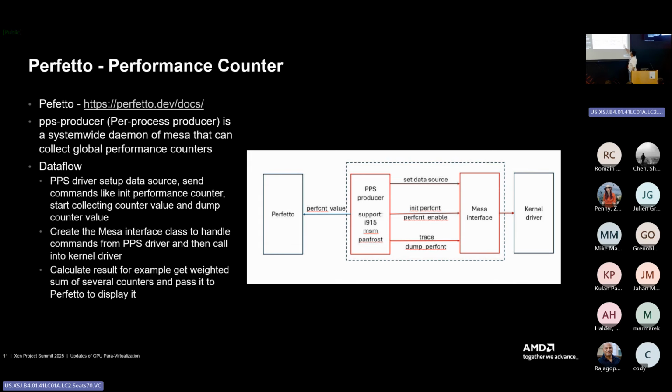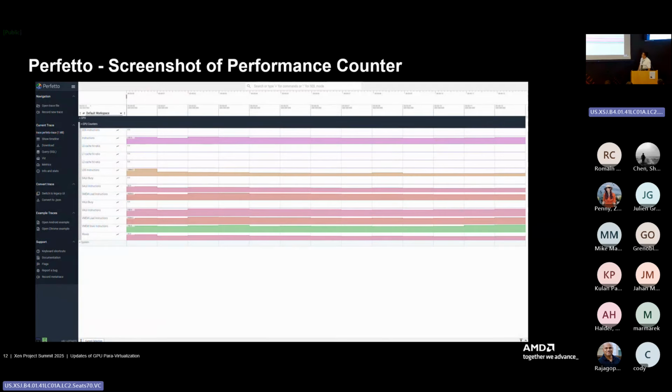The Mesa driver will talk to the kernel to get the GPU-specific performance counter values. So this is the picture. We capture all the GPU-related performance counters, so we can do performance tuning with this tool, getting detailed data to tune the performance of the GPU.